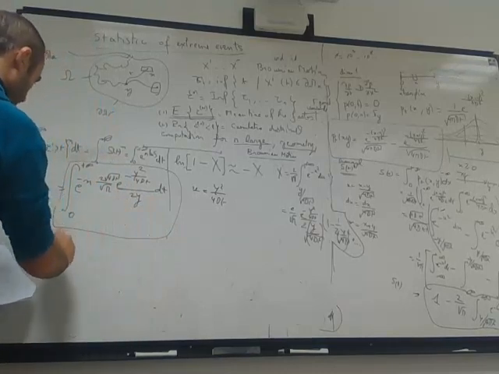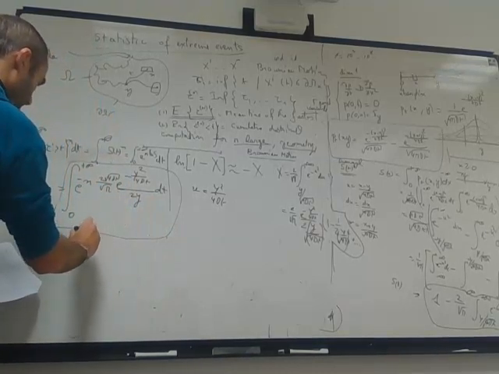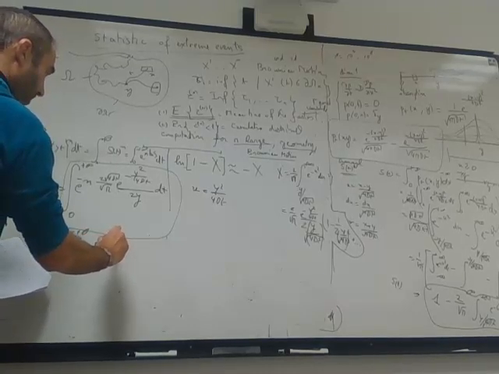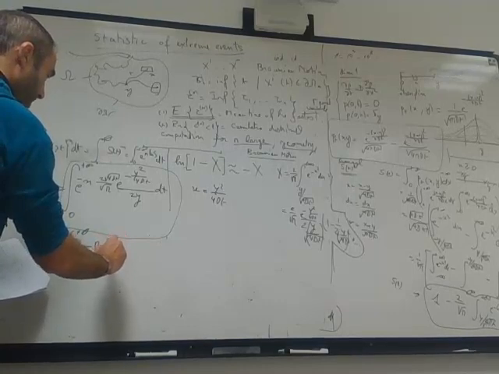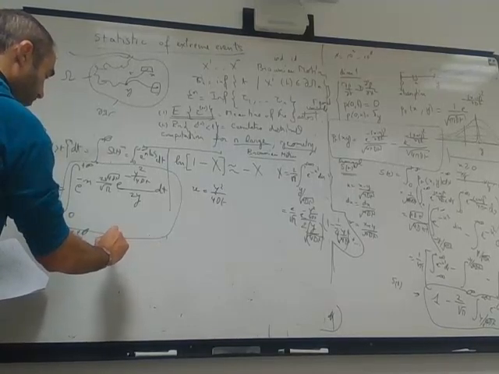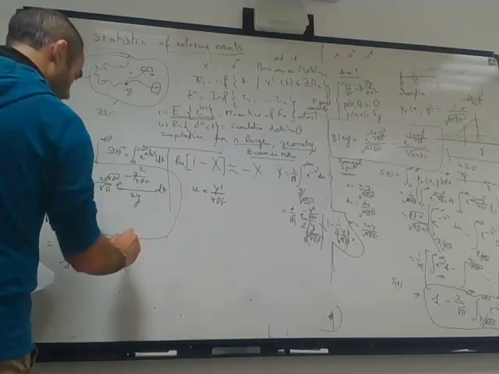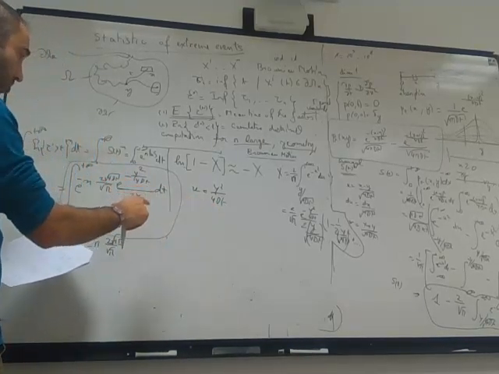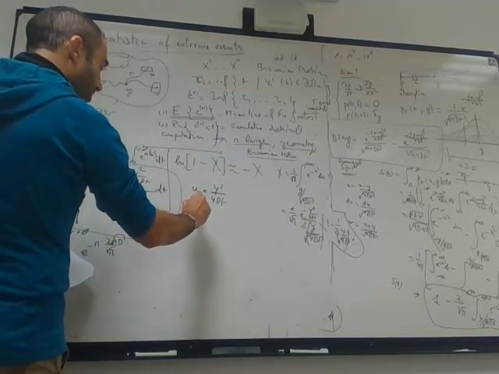So you get the integral from 0 to infinity of exponential minus n times 2 divided by square root of pi. There's a square root of 4d, and then you need to change t here. So we have a square root of t. What is square root of t?